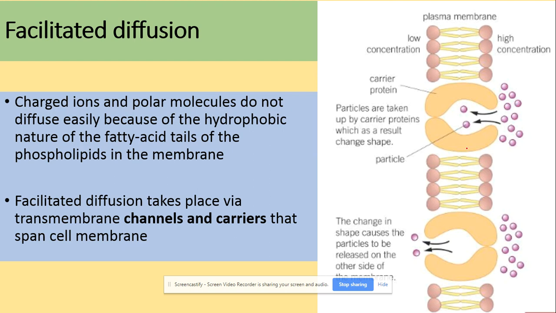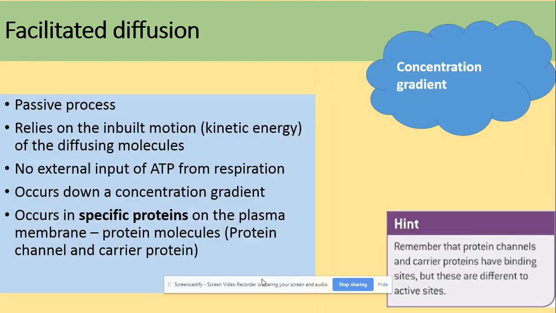So then facilitated diffusion, it's here to help with charged ions and polar molecules, which cannot just pass easily through the phospholipid bilayer. So hence we've got the proteins to help out. The proteins that will be involved in facilitated diffusion are channel and carrier proteins. This diffusion still takes place down the concentration gradient and does not need any ATP.